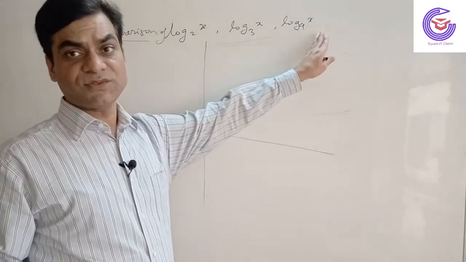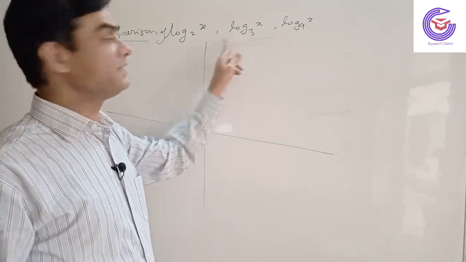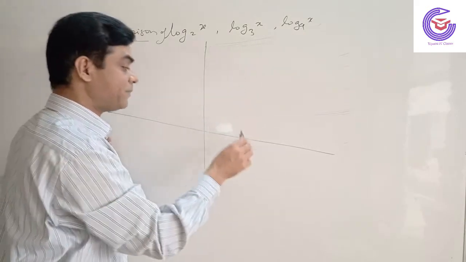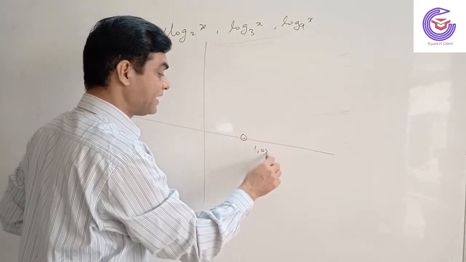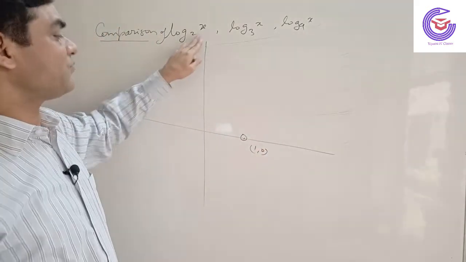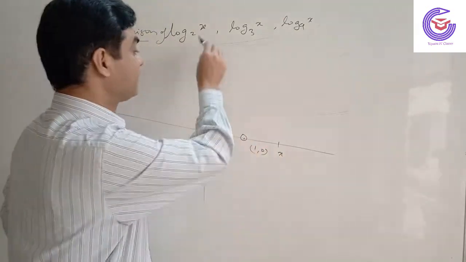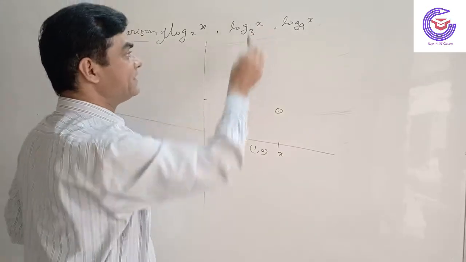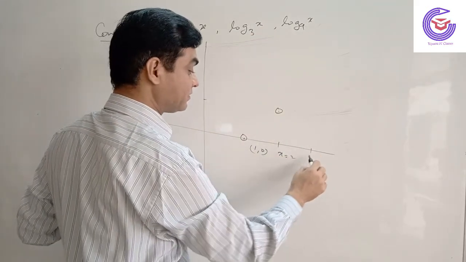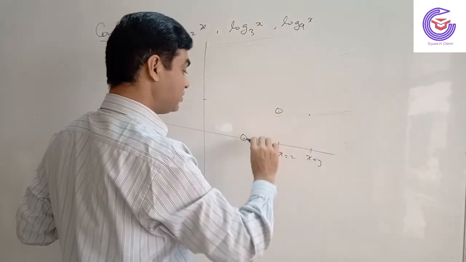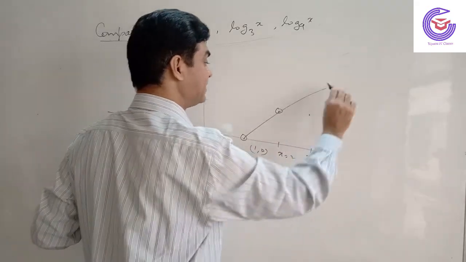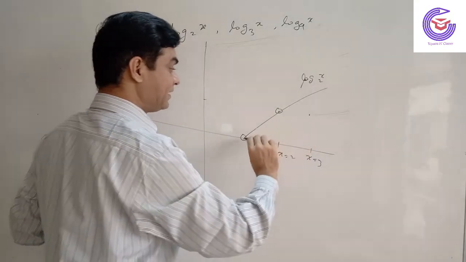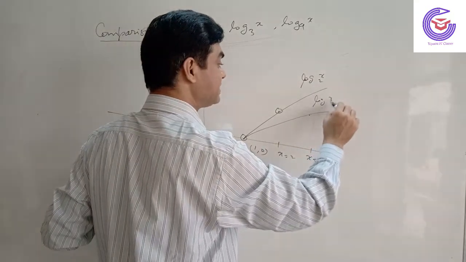Whenever x is 1, in each case the value will be 0, so all three pass through 1, 0. That is guaranteed. For log x base 2, when x is 2, it is 1. For log x base 3, when x is 3, it is 1. So this will go like this.